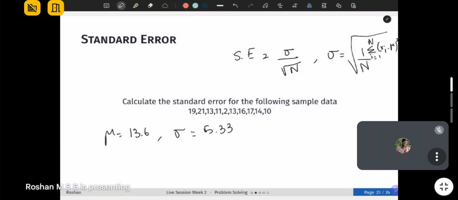Standard error coming around 1.68. Let me confirm it also. Is anyone else getting the same answer, or anyone getting something different?